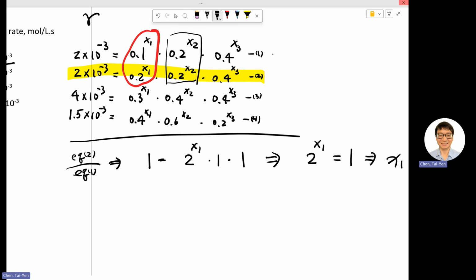So what you can do is, okay, let's say I want to do these two, okay? So if I do my equation 3 over my equation 1, what do I get? On the left-hand side is 4 times 10 to the 3 divided by 2 times 10 to the 3, right?